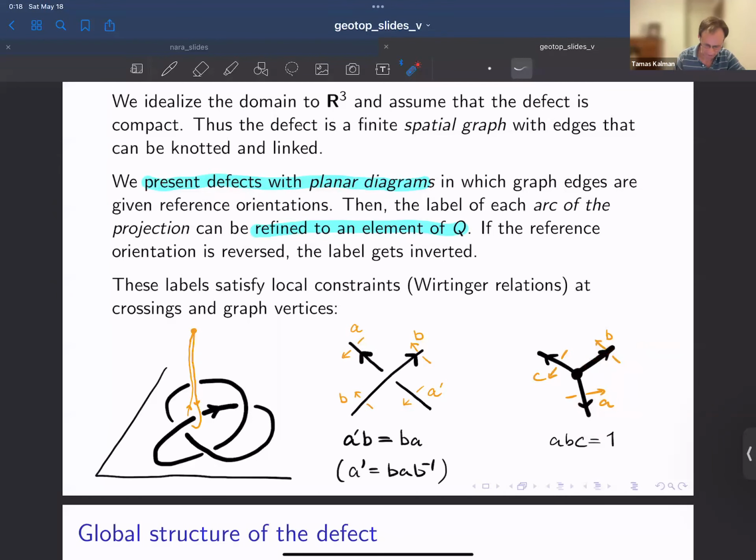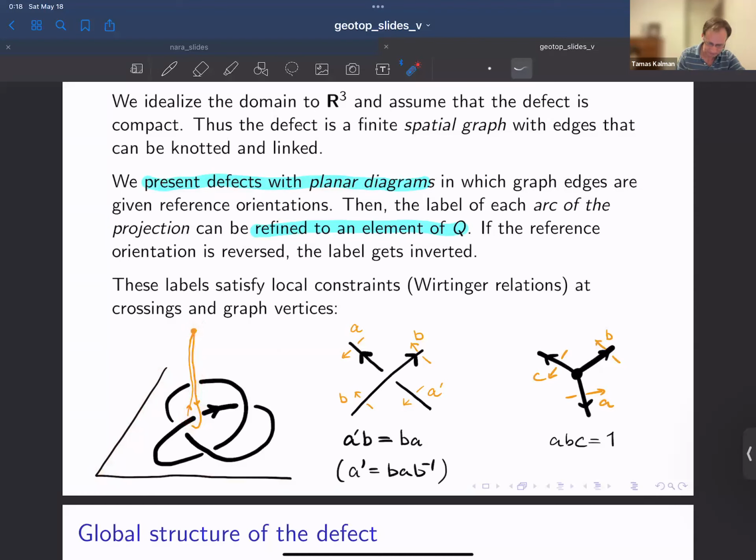So anyway, as is totally standard, we use some kind of right-hand rule. Whenever we have an arc with its reference orientation, and we have a base point that we use to define our fundamental group, then we imagine the base point lying somewhere above the projection plane. And then from that base point, we descend down to the arc and circle around it once using the right-hand rule.